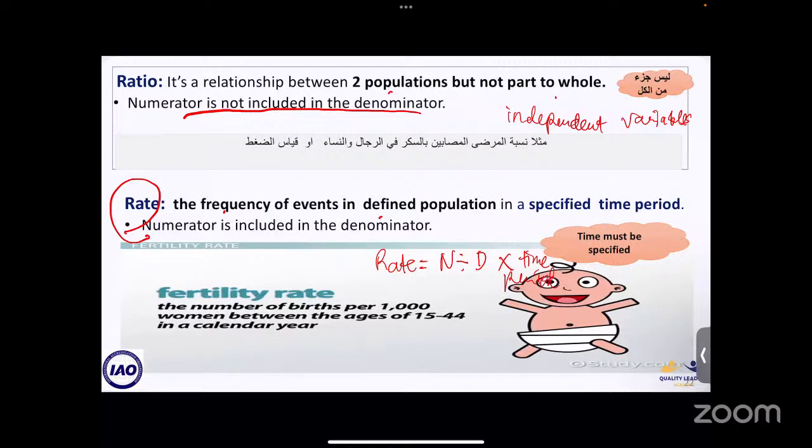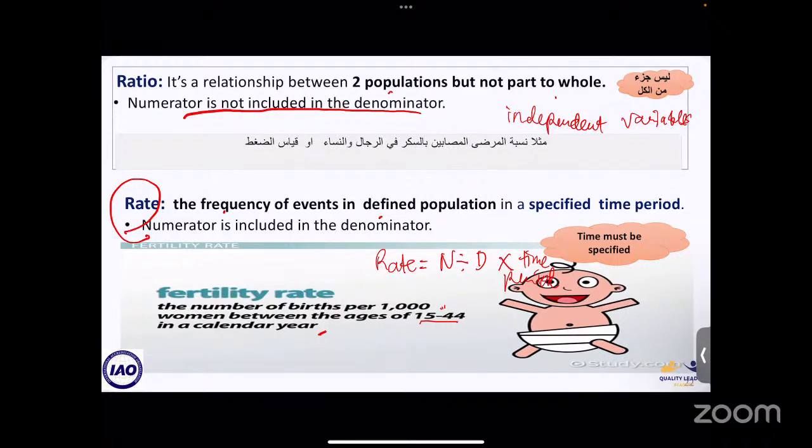Another example. To calculate the birth rate, count the number of births per 1,000 women aged 15 to 44 within a specific calendar year. By including the time period, you are calculating a rate, not just a proportion.